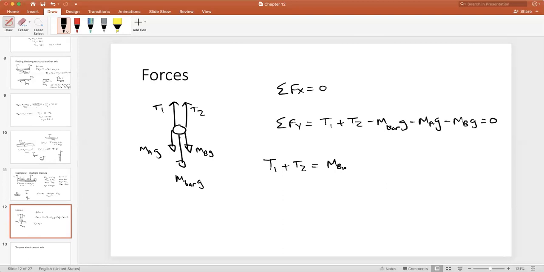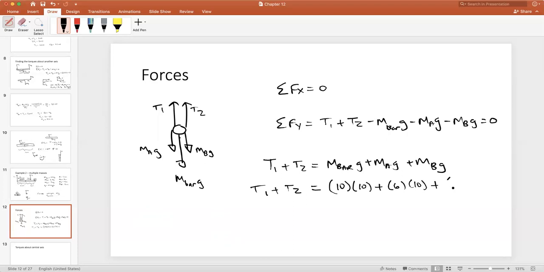So this is M bar times G plus MA times G plus MB times G. And this was 10 times 10 plus 6 times 10 plus 2 times 10. 100 plus 60 plus 20 is 180, so 180 newtons.